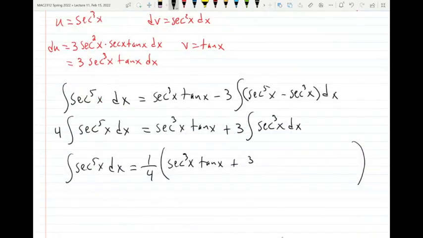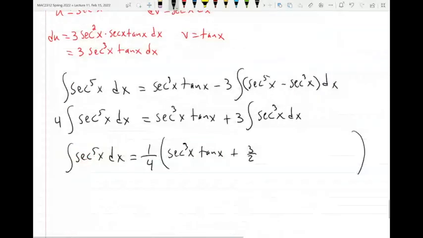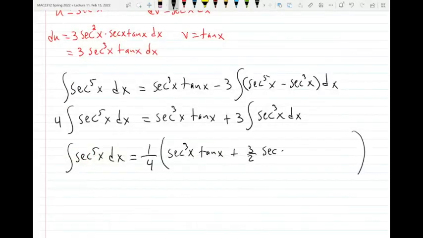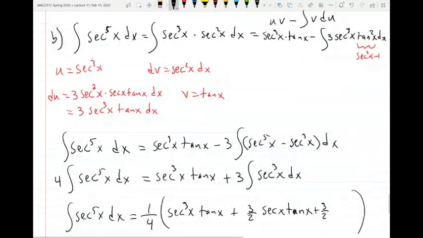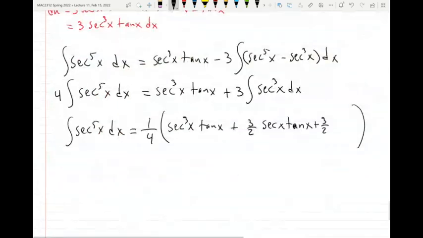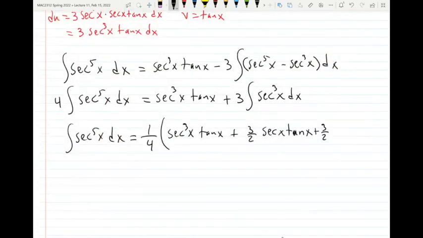So I'm going to put 3/2 times secant tangent plus 3/2 ln of secant plus tangent. Plus c.